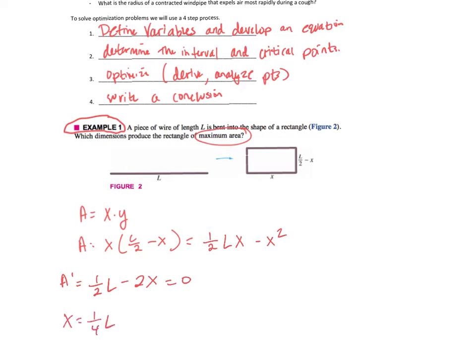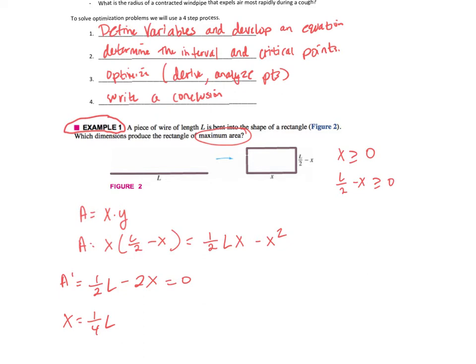So we want to look at the endpoints and the critical points. So in terms of our endpoints, sometimes going back to the diagram is helpful, right? X, of course, has to be greater than or equal to 0, as well as L over 2 minus x has to be greater than or equal to 0. That's really the only information we have here.